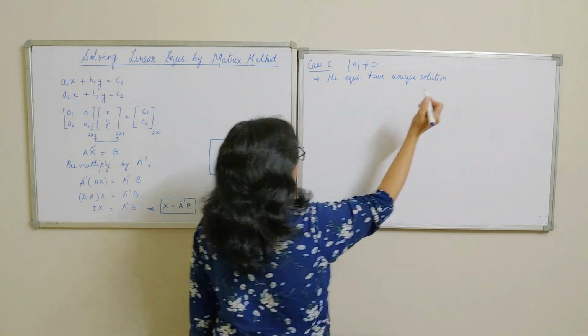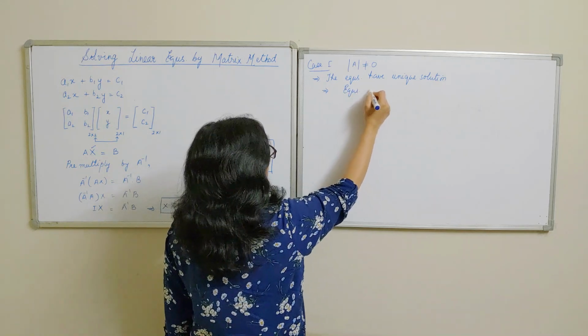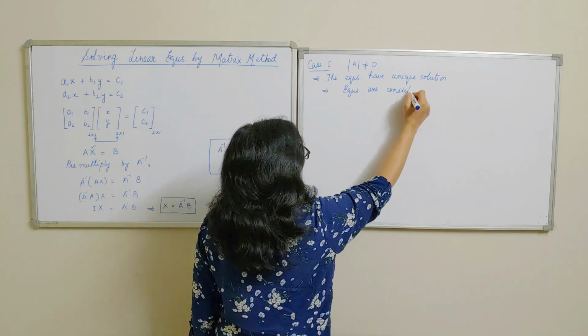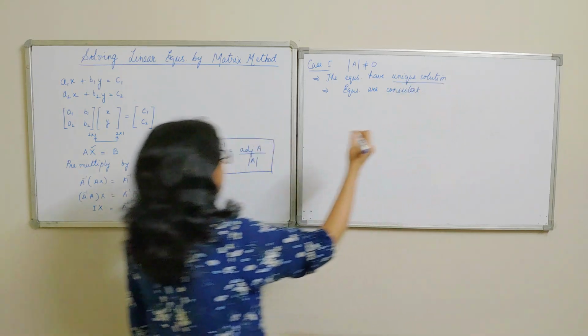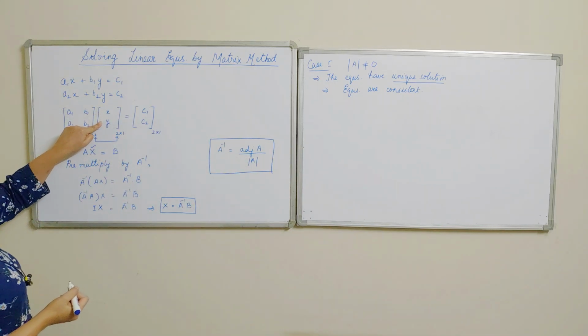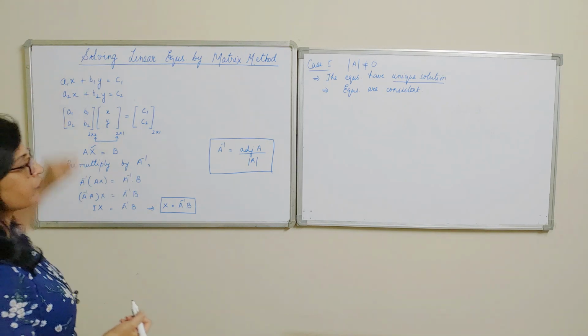If the equations have a unique solution, then this also means that the equations are consistent. Since there is a unique solution, there is exactly one value of variable x and one value of variable y that will satisfy both the equations simultaneously.